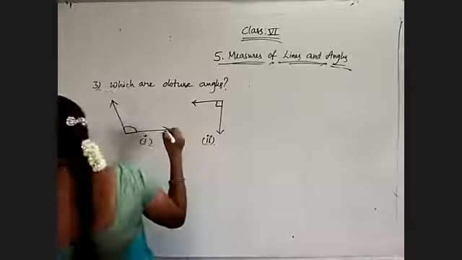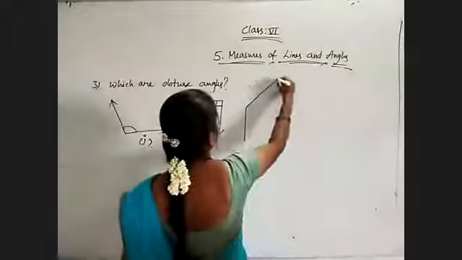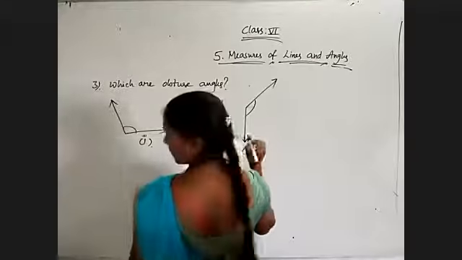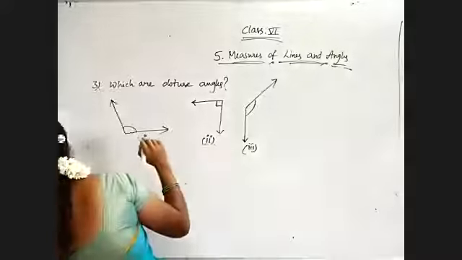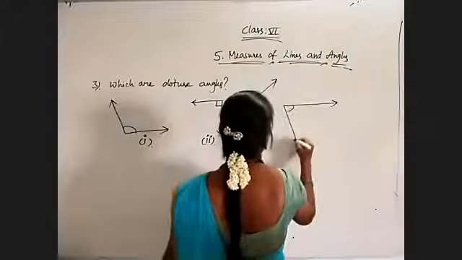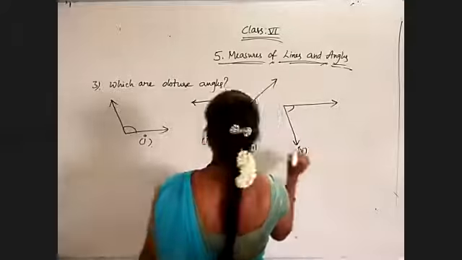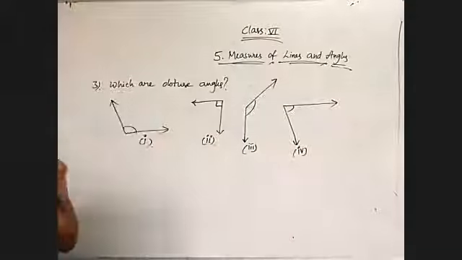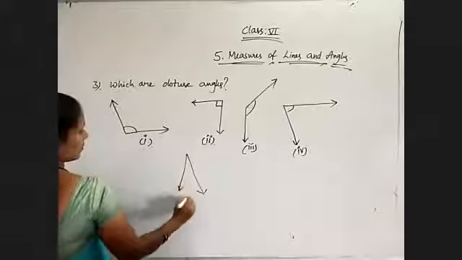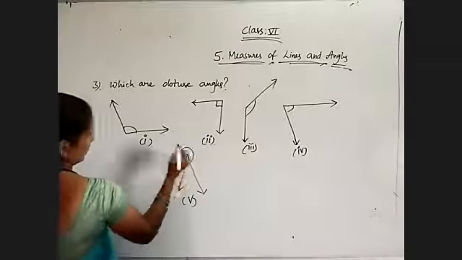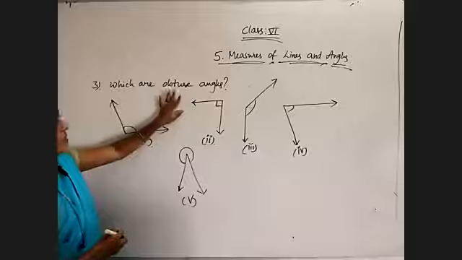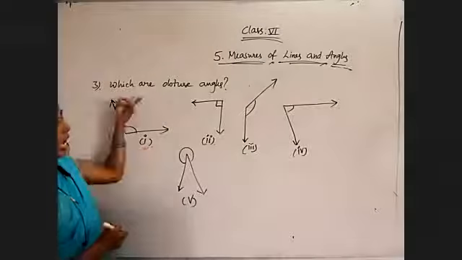Second one. And third one. Okay, observe the question. We need to identify which type of angles these are, which are obtuse angles.